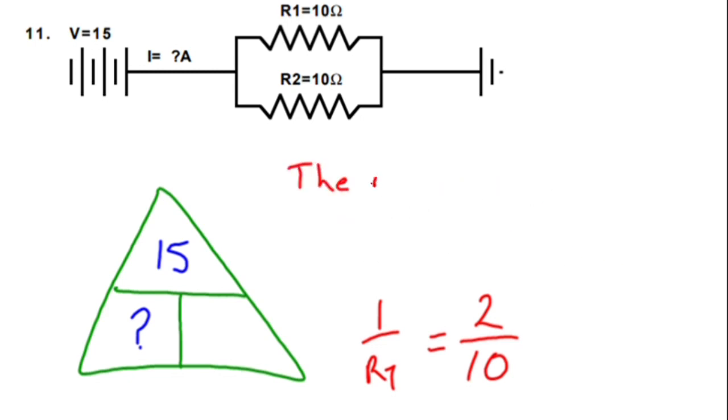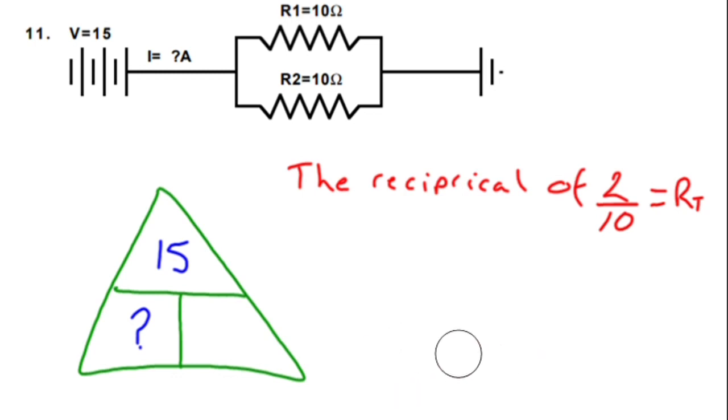We also know that the reciprocal of conductivity is resistance. So if we find the reciprocal of 2 over 10, we will find the total resistance. So once again, I'm just going to clear some space down here. We know that the reciprocal of a number is whatever I need to multiply that number by to equal 1.